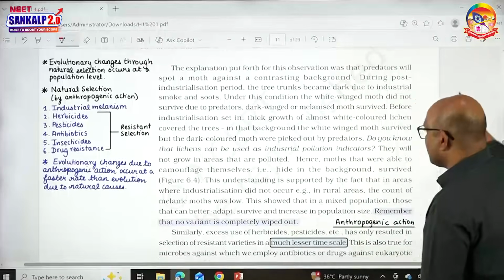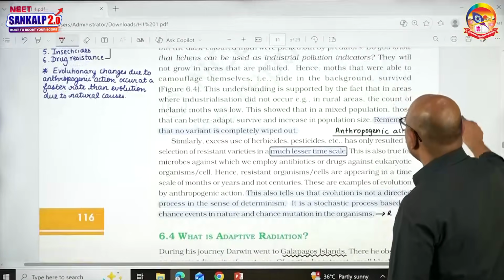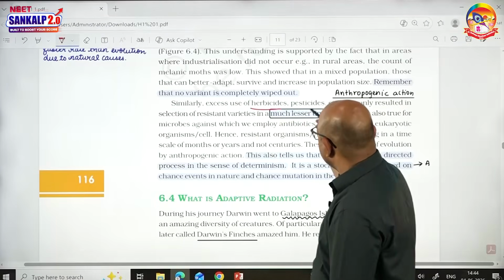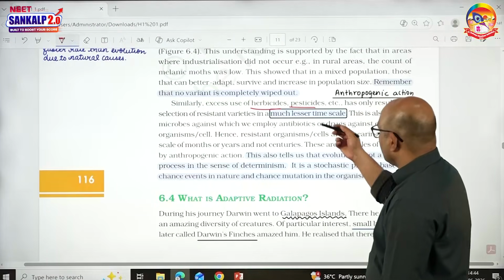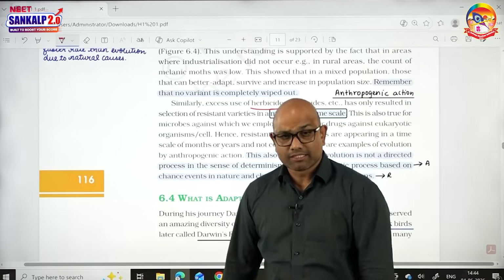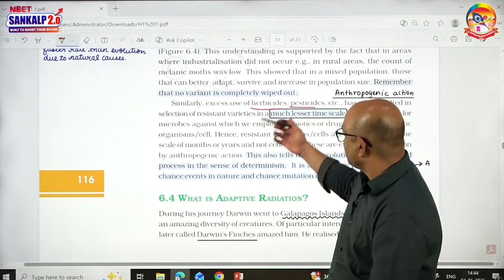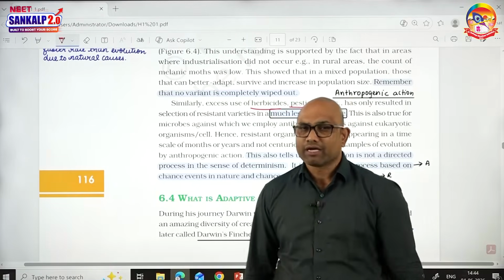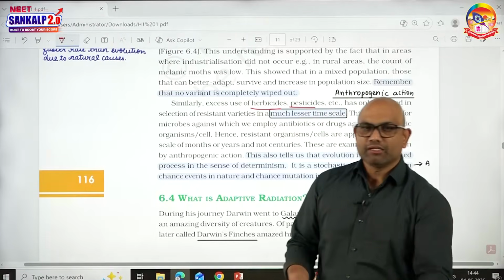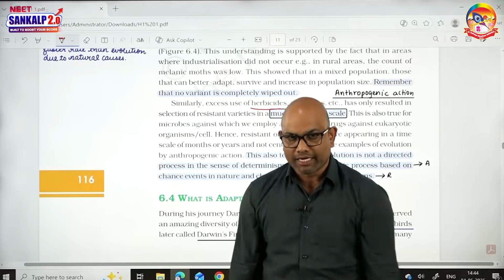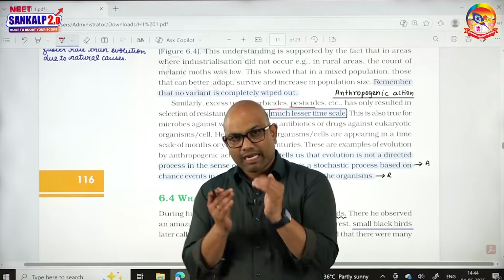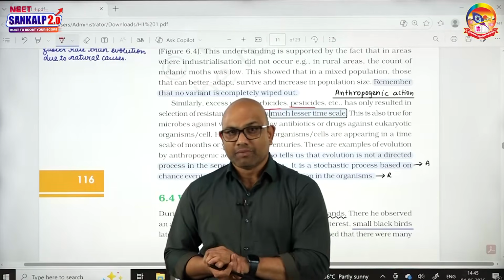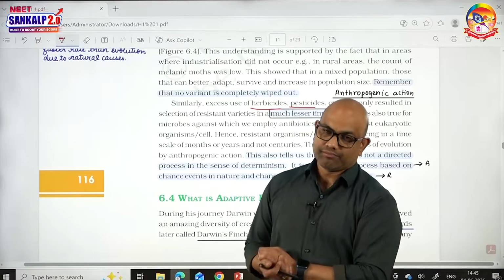And some more examples of selection through anthropogenic action. See this: herbicides, pesticides, some antibiotics, some drugs we are using against herbs, pests, some bacteria, and also against some eukaryotic organisms. For example, when you use an antibiotic for a longer period, the antibiotic can kill the bacteria that are sensitive to it, but it can't kill the resistant bacteria.